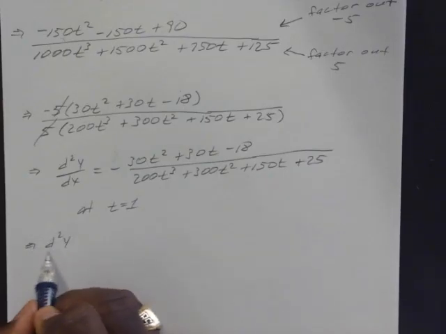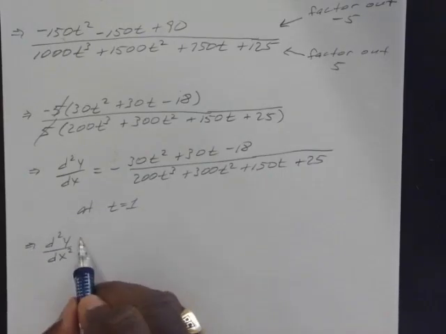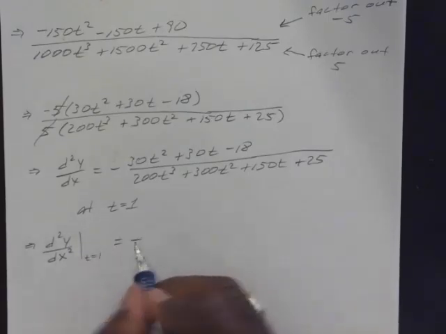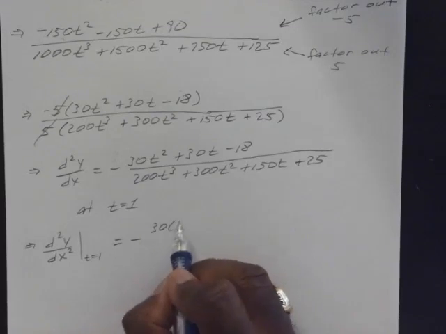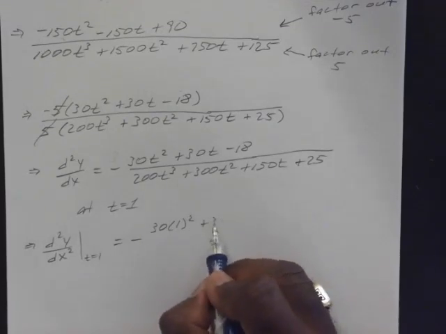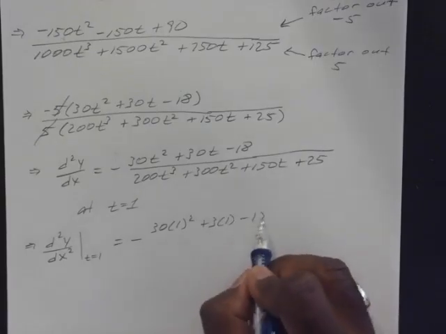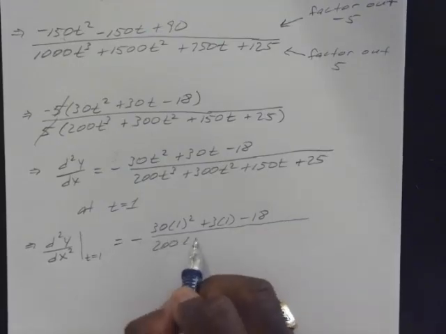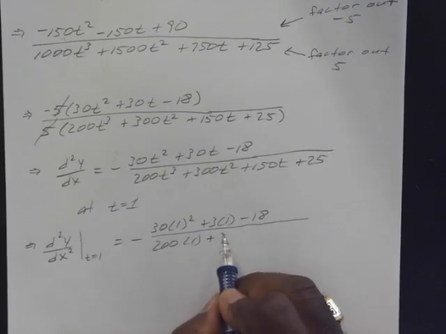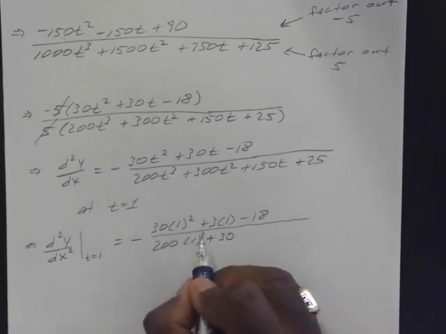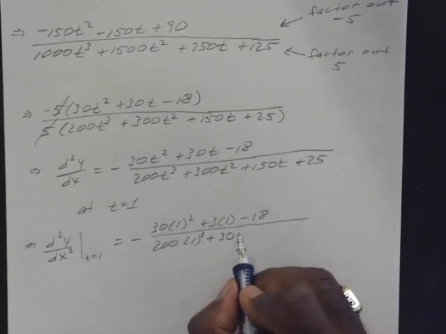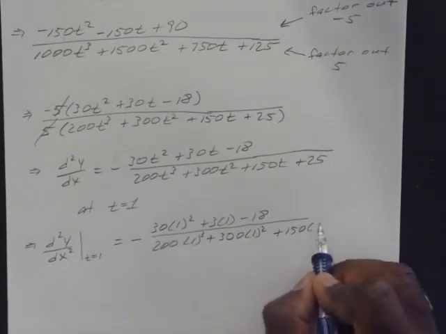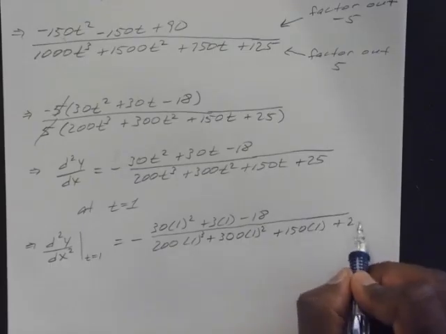So the second derivative of y with respect to x as t is equal to 1 is equal to negative 30 times 1 squared plus 30 times 1 minus 18 divided by 200 times 1 plus 300 times 1 to the third power, even though it's still 1, but jumping ahead, 300 times 1 squared plus 150 times 1 plus 25.